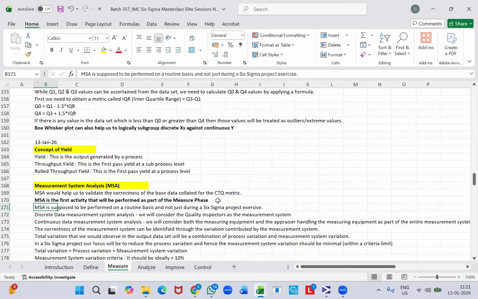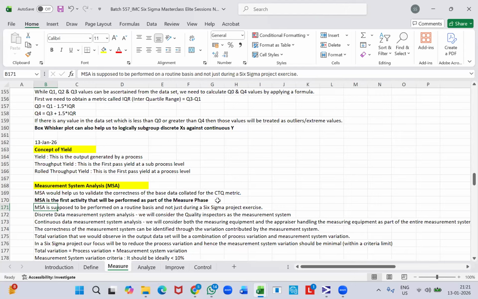This is something that we will not perform just at the time of working on a Six Sigma project. We need to perform this on a routine basis so that you will not face any surprises during a Six Sigma project exercise. Just imagine this scenario. As part of Six Sigma, this is a mandatory exercise.